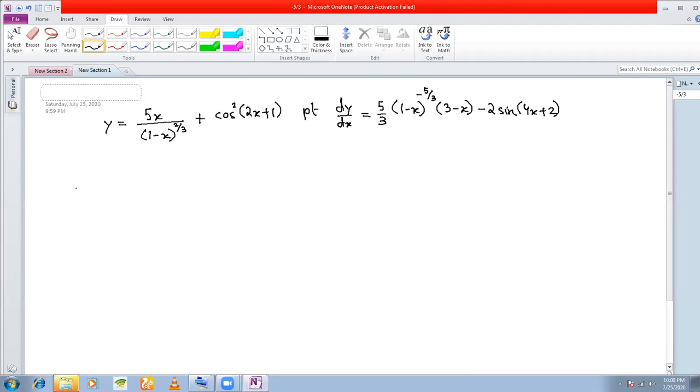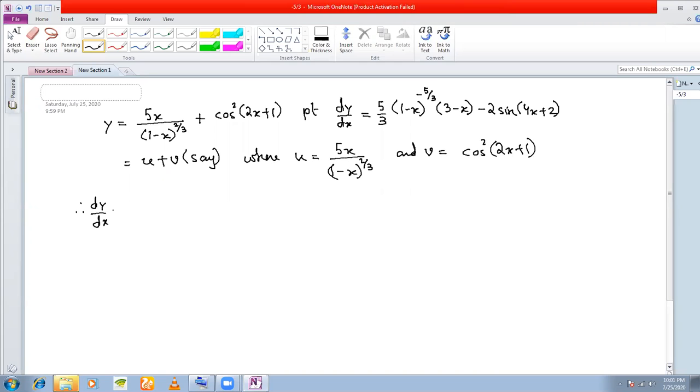Take this function as y is equal to u plus v, where u is equal to 5x by 1 minus x whole to the power of 2/3, and v is equal to cos square of 2x plus 1. So we first find, therefore, what is dy dx? dy dx is u plus v, that means du dx plus dv dx.